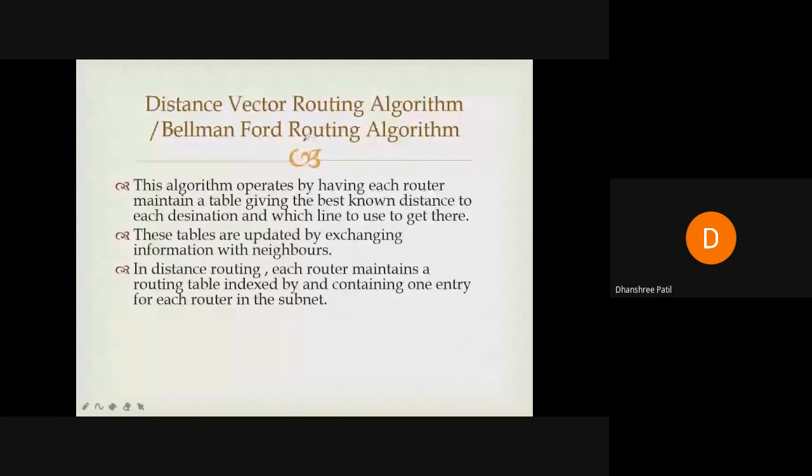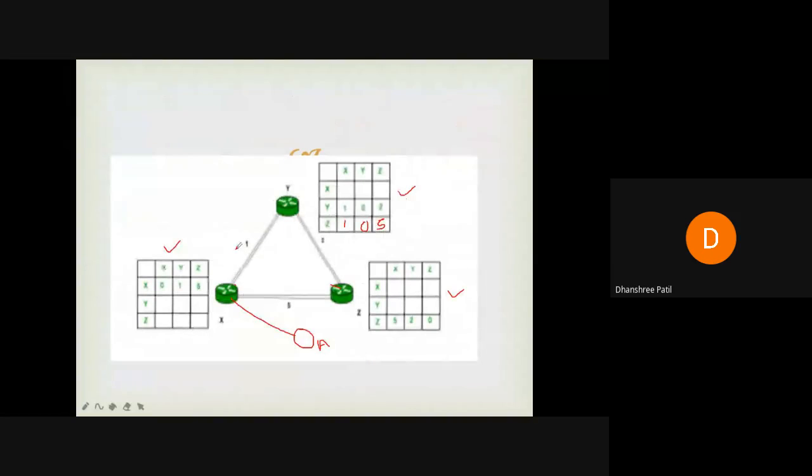Okay, so how does this work? Every router maintains its own routing table, right? In that routing table, it maintains all the information related to the neighbors, meaning how far that neighbor is from the particular router. In such a way, these routing tables are always updating.